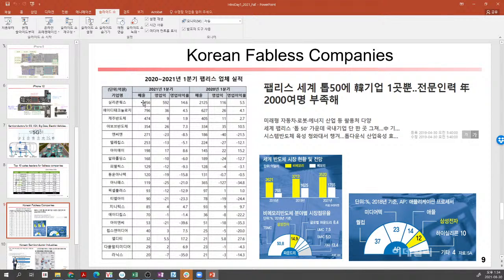Let's say Samsung found a company, and LG also found a company, and every company goes out to find such a driving IC company, and then if they are using the same driver ICs, they don't have differentiation. Most of the systems will have similar performance, right?